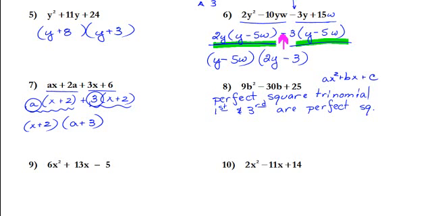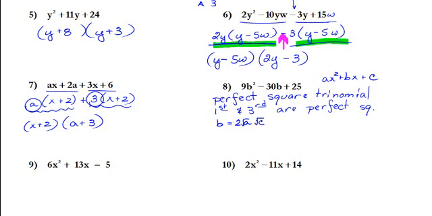A and c have to be perfect squares. Now there's one more characteristic that you have to check to see if this is a perfect square trinomial. B is found by multiplying really the square root of A times the square root of C and doubling it.